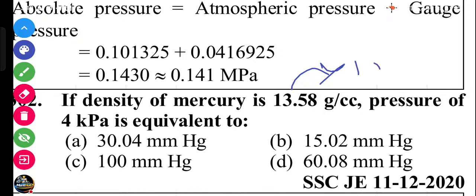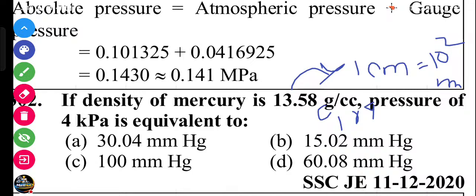We know 1 centimeter equals 10 to the power minus 2 meter, so cube gives 10 to the power minus 6. Then this is 13.58 into 10 to the power minus 4. This is the density of mercury in CGS unit.